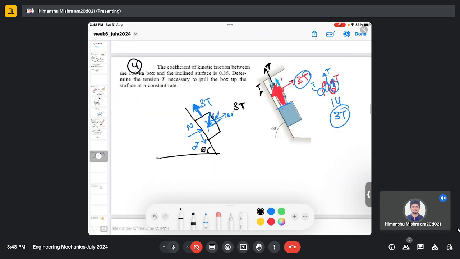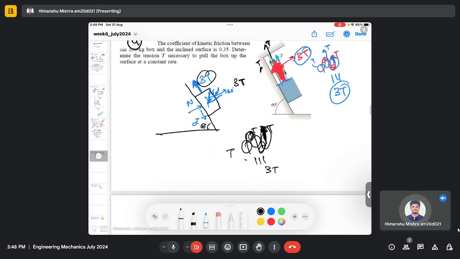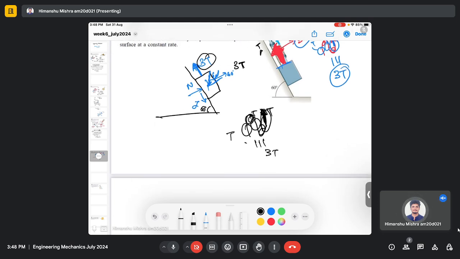Just a small thing that you need to note in this question: this equivalent force 3T is acting because there is a distribution of force in this rope. The tension force T acts in this part of the rope, in this part it's again T, and in this part again T. So overall the equivalent force will be 3T. Once you figure out the equivalent force, you just need to do the force balance using the equilibrium equation.